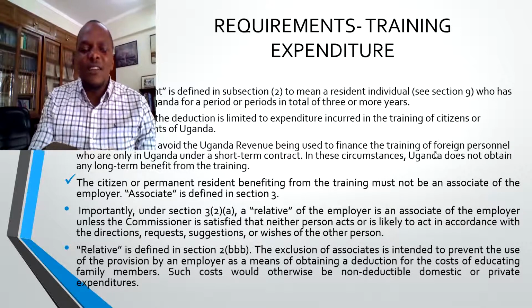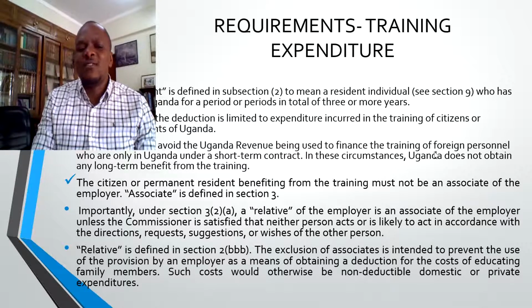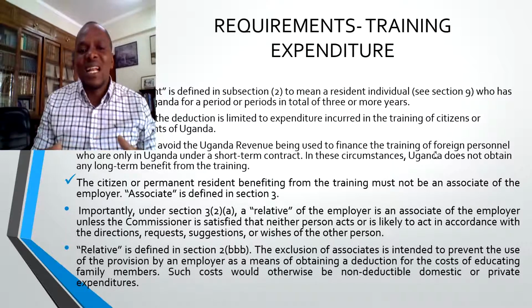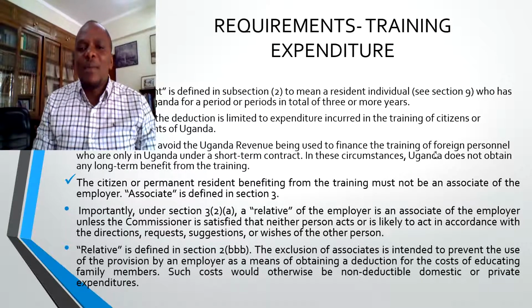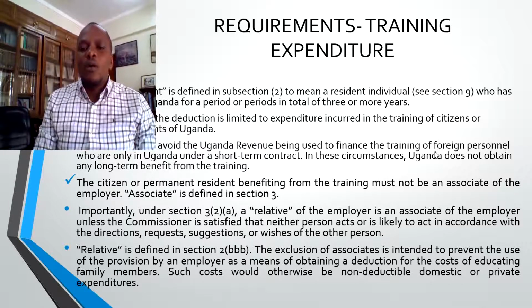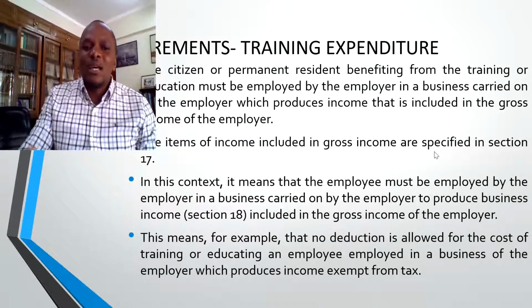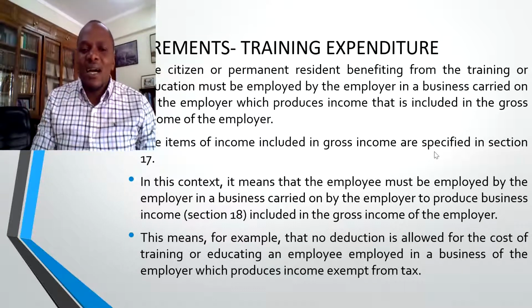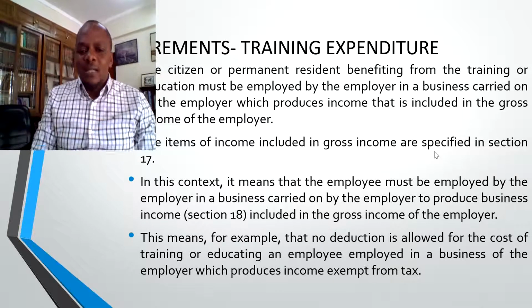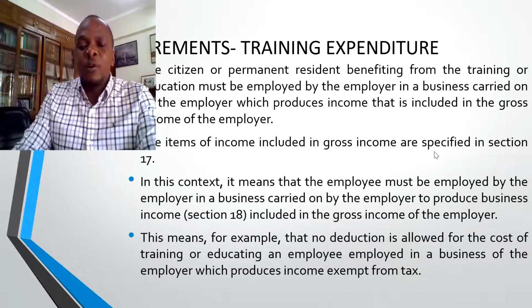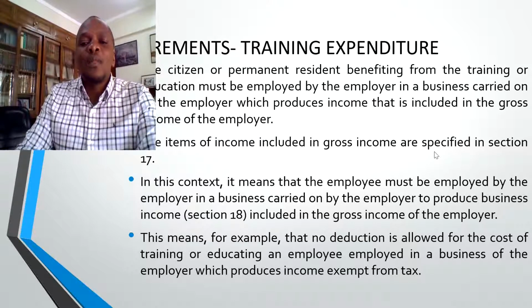And the different definitions of the people who don't qualify, like relatives, are also defined under the Act, and I will invite you to look at these slides, internalize them, and then know the requirements for someone or an entity to be eligible for deducting that particular expenditure. The requirements continue there, and I advise you to read this, because I've mentioned them at the beginning of this particular slide, so I will not repeat them.